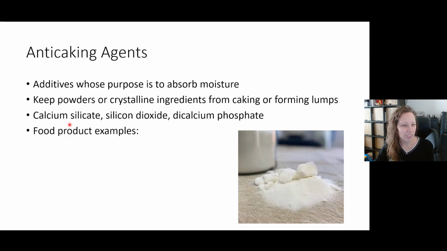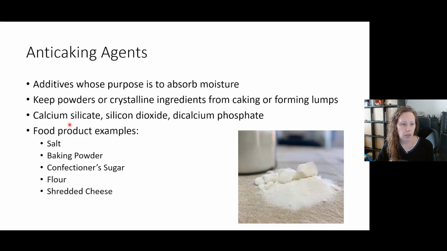Okay. So food product examples where we can find anti-caking agents would be salt, because salt does tend to clump up, right? Baking powder, confectioner sugar, so powdered sugar, flour, and I added this one, which was not in the book, but one I'm well aware of, shredded cheese. With shredded cheese, you'll often see potato starch or microcrystalline cellulose.